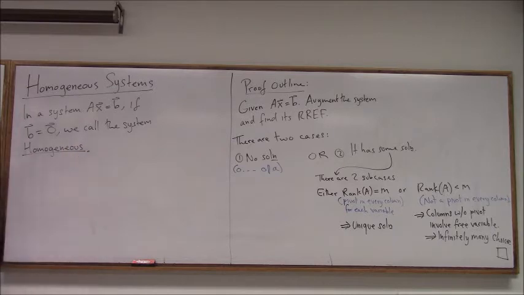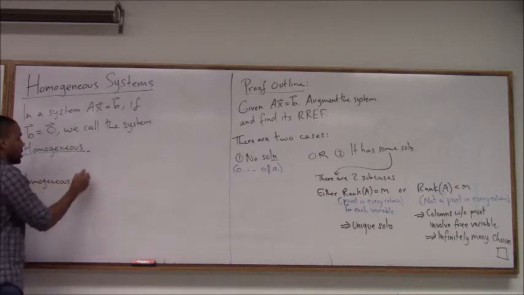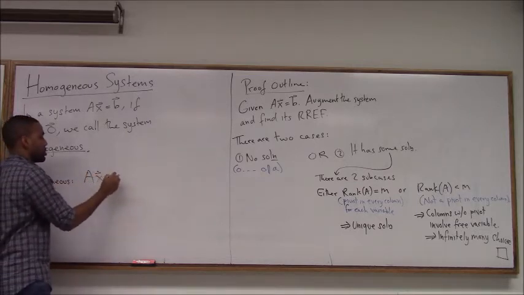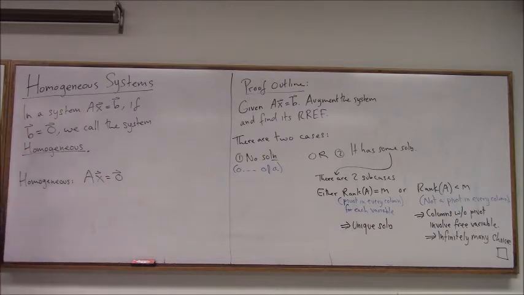So that's our definition. A homogeneous system is a system of the form AX equals 0. So any system of equations where on the right side there's just a bunch of zeros. We want to find all the vectors that we can plug into our function with output 0. We call such a system homogeneous.